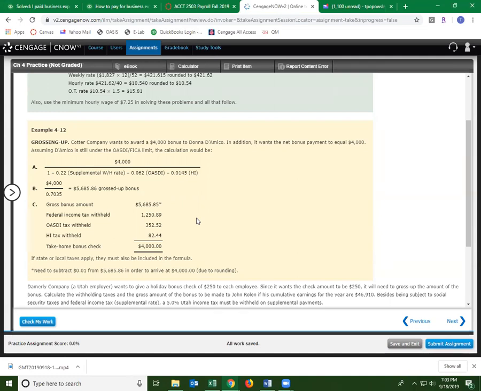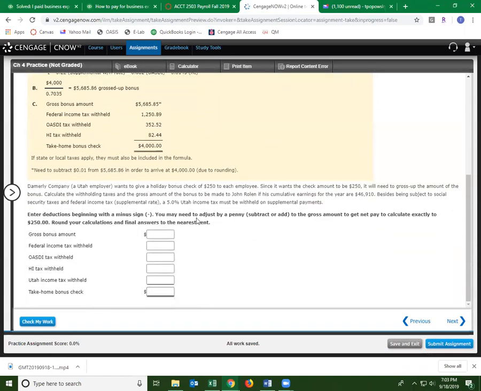And then minus the 0.062 for Social Security and minus the 0.0145 for Medicare. So in this example, we have Damerly Company wants to give a holiday bonus check of $250 to each employee. They want the check to be $250, so we need to gross up the amount to get the right amount for the bonus to withhold all of the correct taxes.